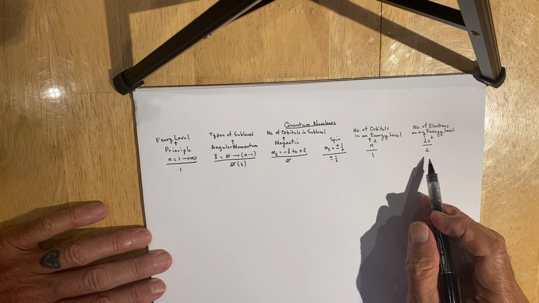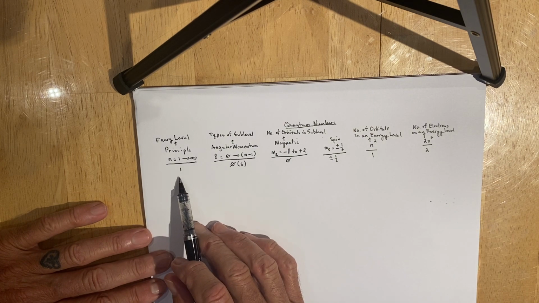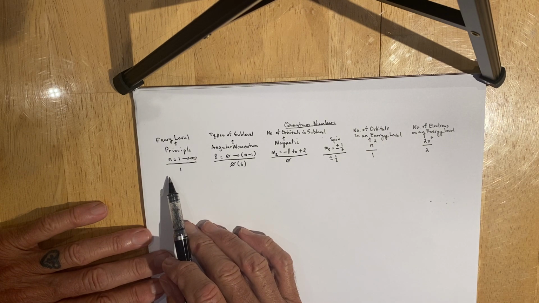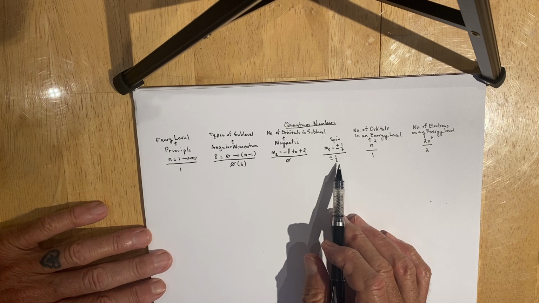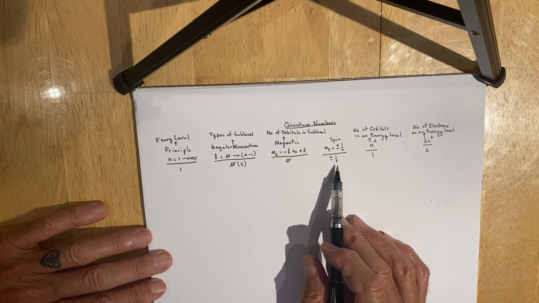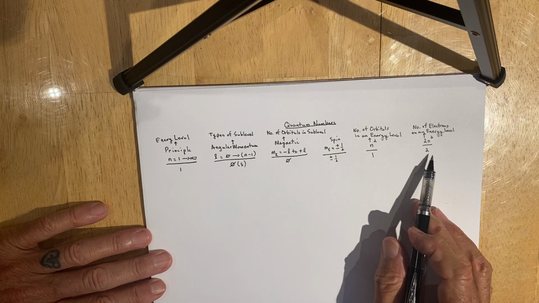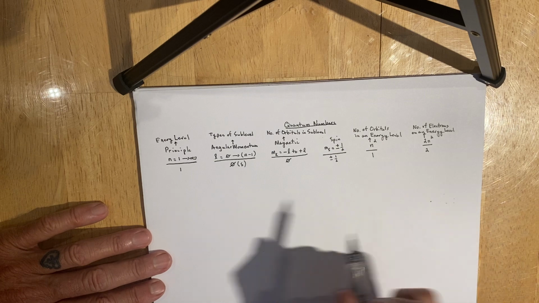So for hydrogen and helium, a proposed set of quantum numbers might be 1, 0, 0, plus 1/2, or for helium, 1, 0, 0, minus 1/2 for the last valence electron. So on the first energy level, there's just one orbital that holds 2 electrons, so the total number of electrons on the energy level is 2.